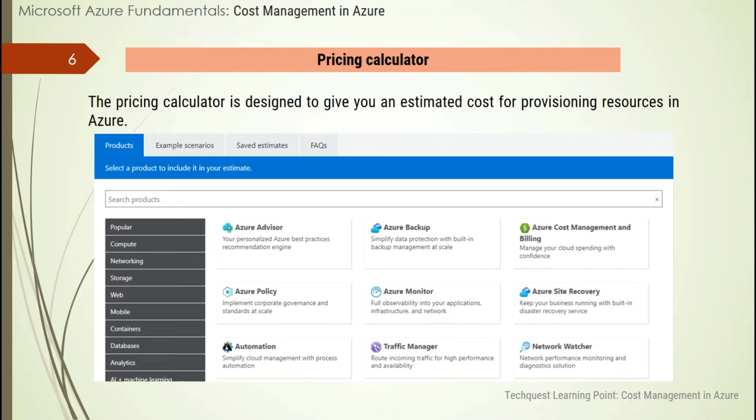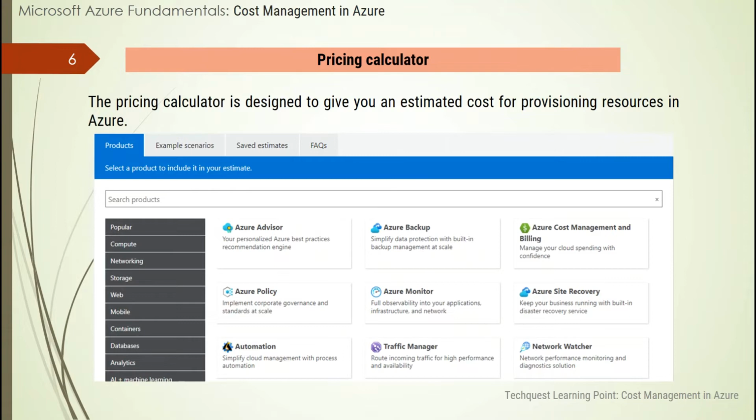The pricing calculator's focus is on the cost of provisioned resources in Azure. The pricing calculator is for informational purposes only. The prices are only an estimate. Nothing is provisioned when you add resources to the pricing calculator, and you won't be charged for any service you select.